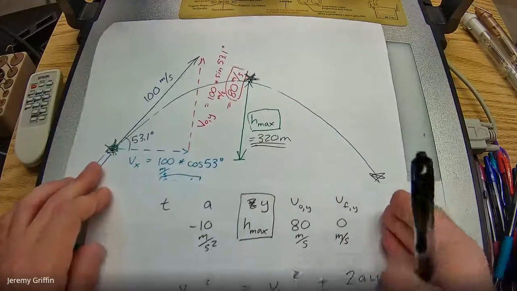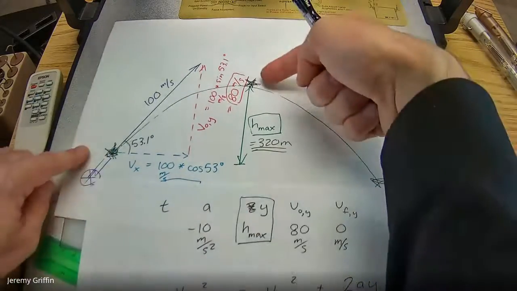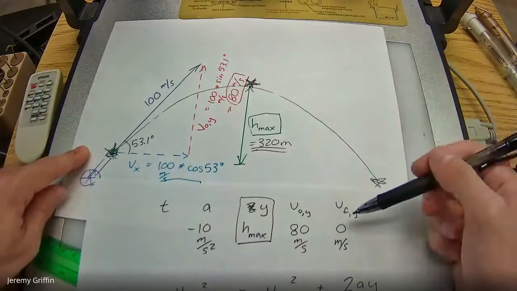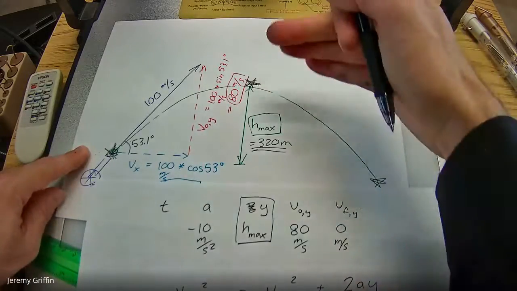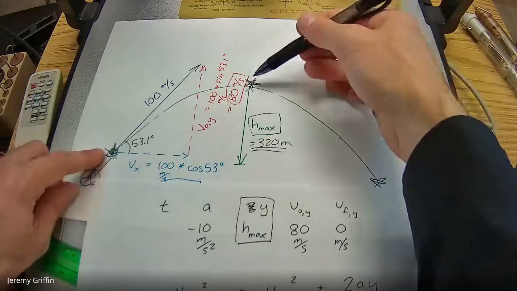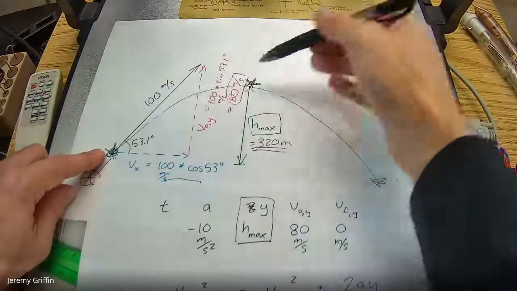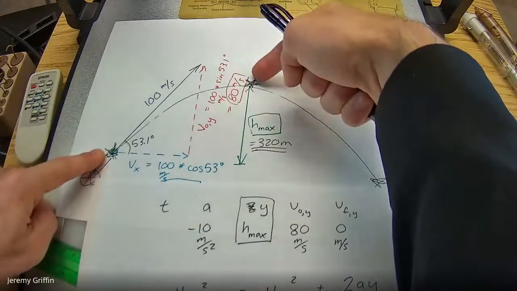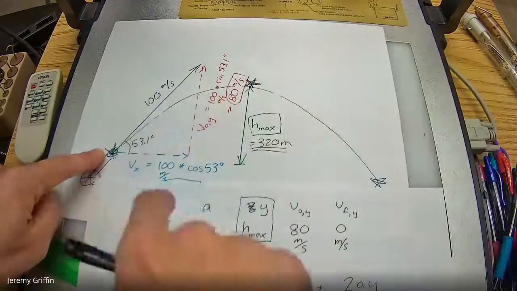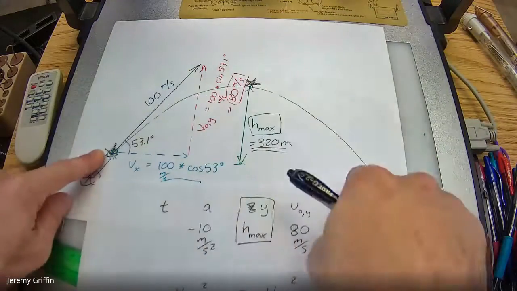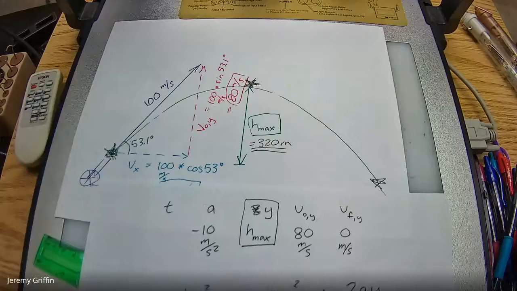Because to go from this star to this star, which is established as soon as you call VFY 0, you're saying it's not moving up or down right at the top. If you solve for the time to get to the top, that's only half of the total time, right? So we could do this, solve that, and then just double the answer. You guys get it? That's it.